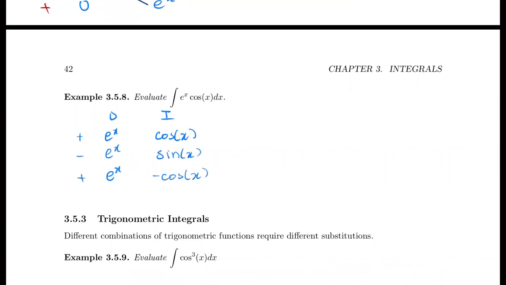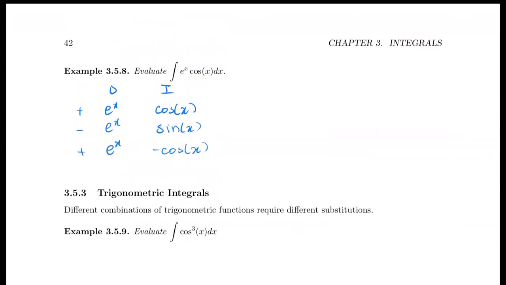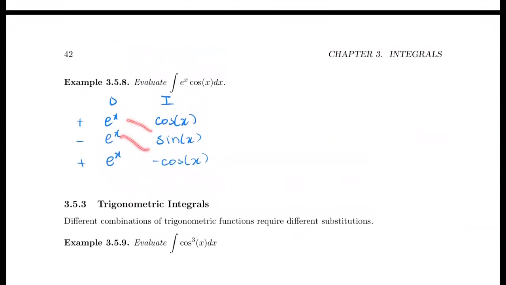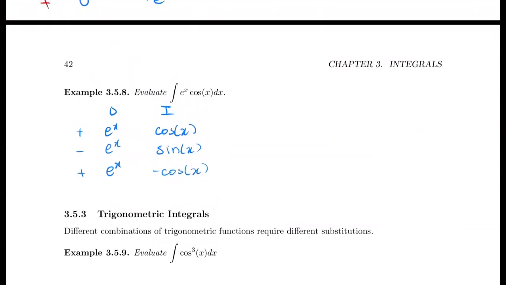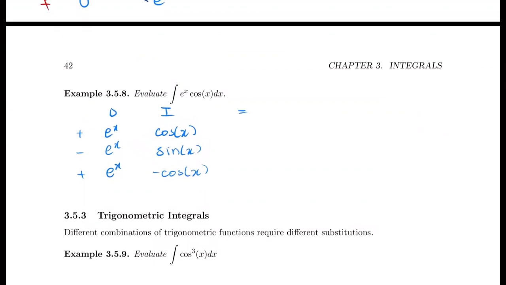See here that if I go with the diagonal first, this is equal to e to the power of x times sine of x, and then plus e to the power of x times cos of x.